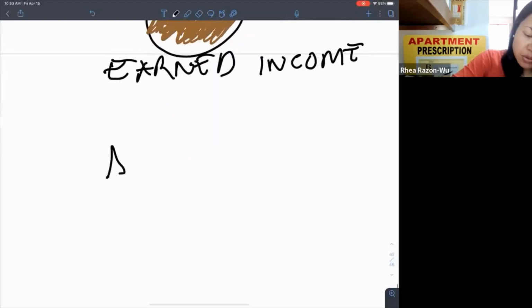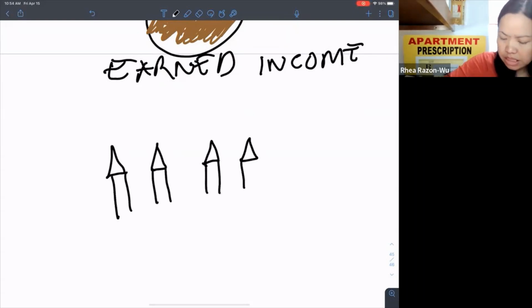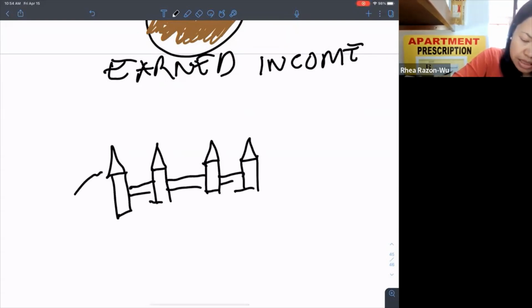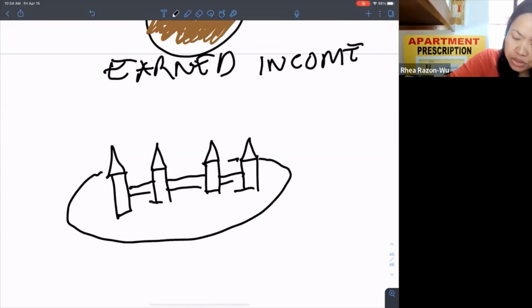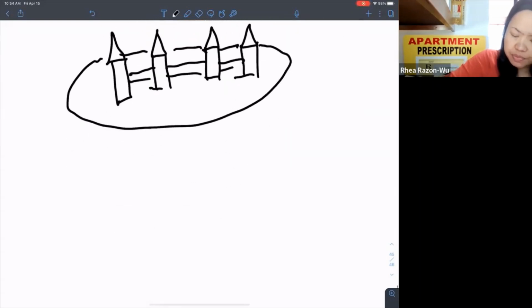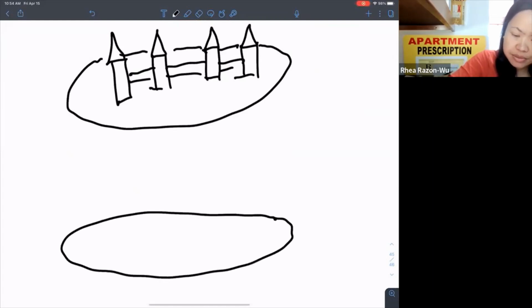Now, I'm going to draw triangles with several sides. And there's a bridge in between these triangles. And this triangle is surrounded by a circle, a black circle. And then there's another circle on the other side.